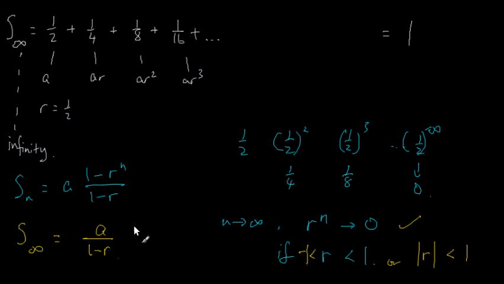We know from that earlier video that the sum of this sequence to infinity is 1. Let's see if I can get the same answer using this formula. How shall I apply this formula to this sequence?